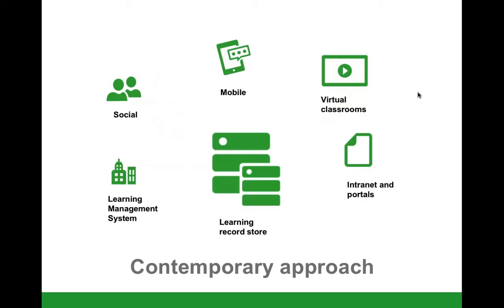Sometimes it's also called Experience API. So it allows you to have a mobile app that sends data back to your learning record store, and then you have a single point of reference for everything a learner's doing across many different things. And you might still have your learning management system in place to be able to send things back.